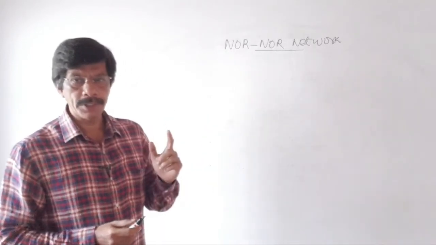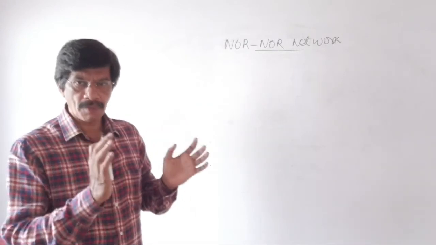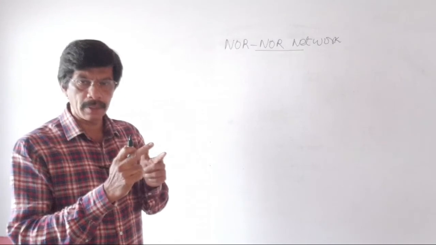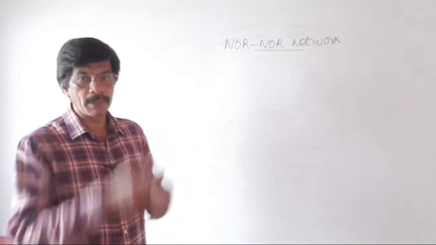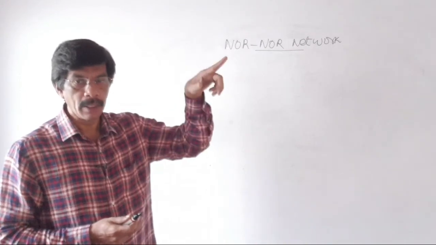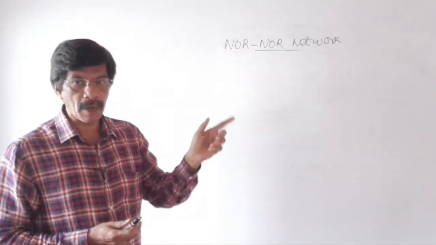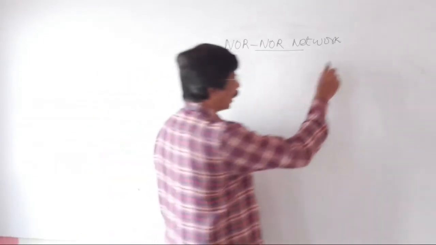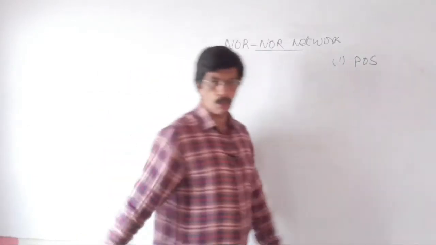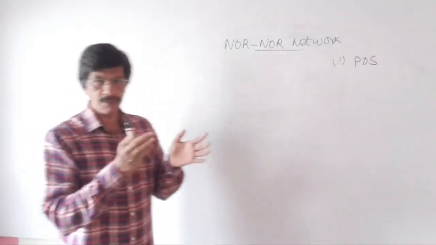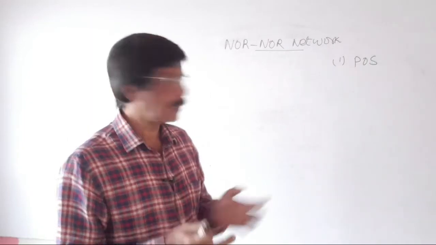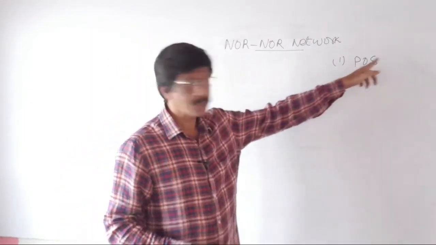The first rule is the given logical function is simplified and expressed in product of sum equation. In the previous case, it was sum of product equation, SOP, and here it is POS, product of sum equation. Number 1, the equation is in the POS form. The given logic function is simplified and expressed in product of sum form.